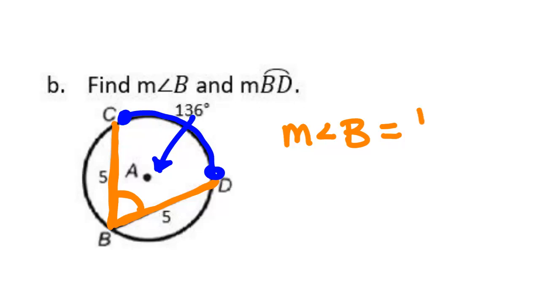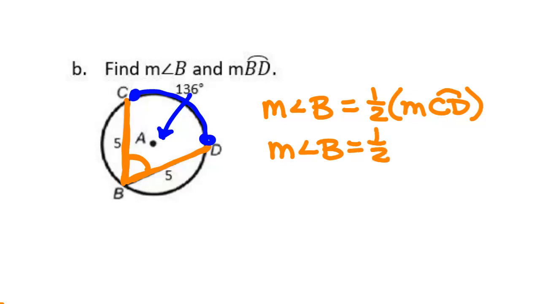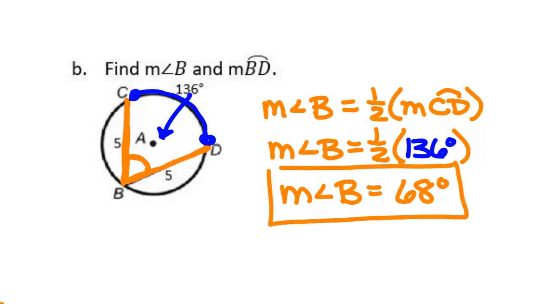Divide it by 2, yes. The angle is half of the measurement of arc CD. So I'm going to do half of 136 degrees. What is half of 136 degrees? 68 degrees. So angle B is 68 degrees.